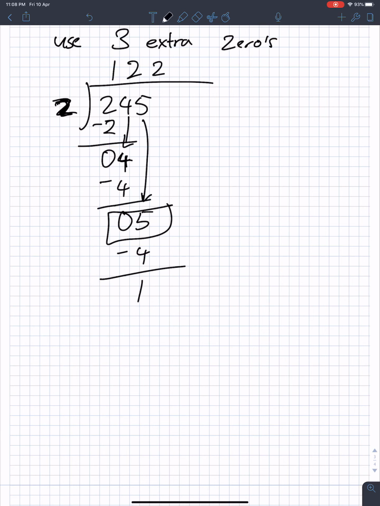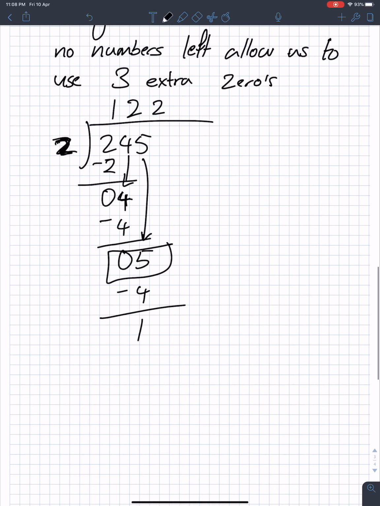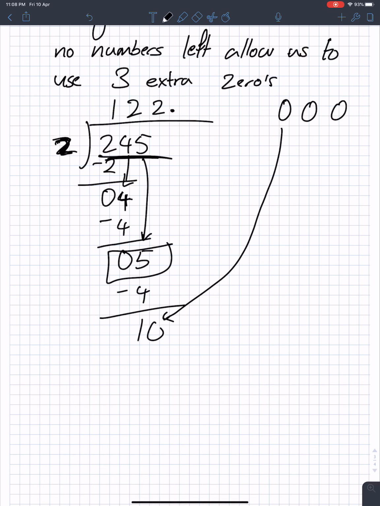Great. So now putting the decimal rule, we've got no numbers left here, remember. There's no more numbers. So we can put a decimal point, and remember the decimal point allows us up to 3 zeros. 1, 2, 3. Okay, so let's use one of these zeros, put it here, and we're left with 10.